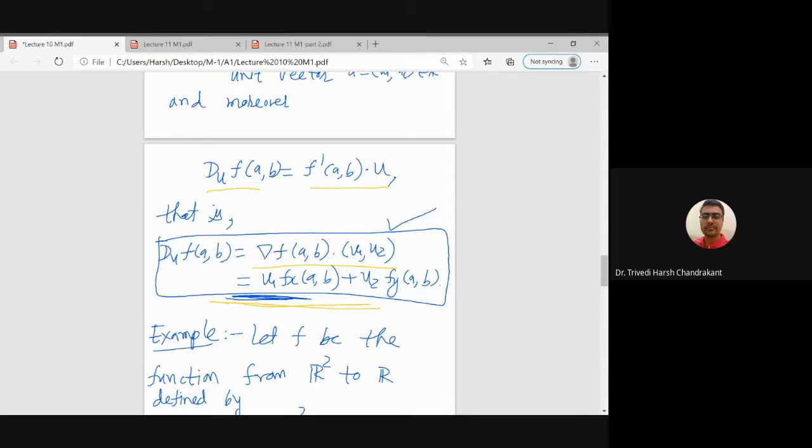That is nothing but u1 times fx at (a,b) plus u2 times fy at (a,b). This equation is satisfied if the function is differentiable, and using the gradient, we can find the directional derivative at that point.